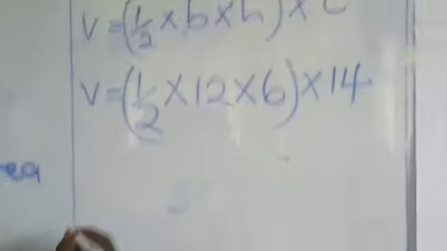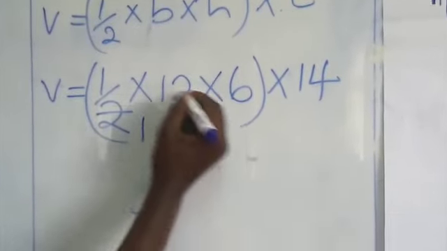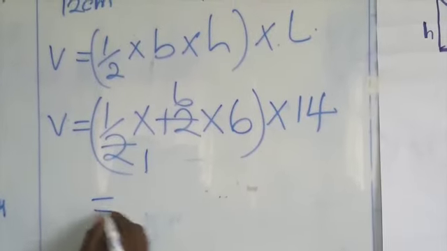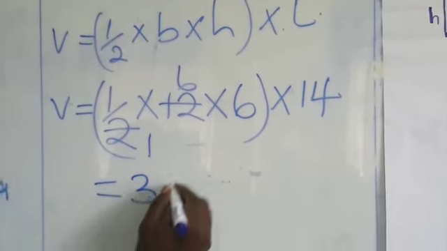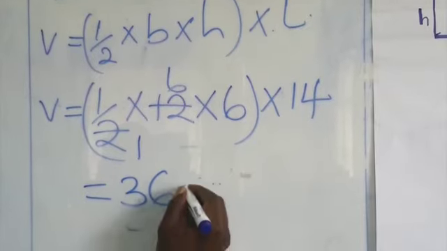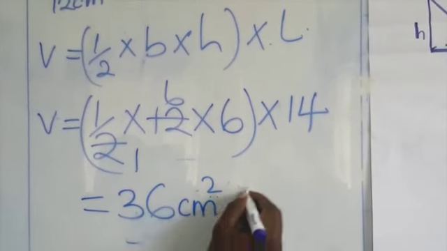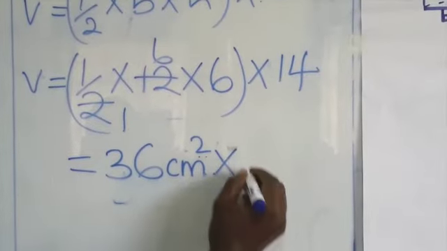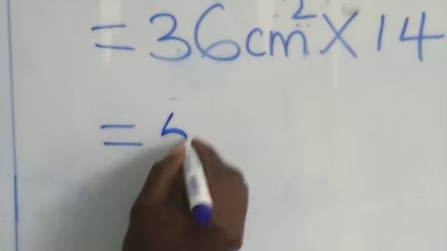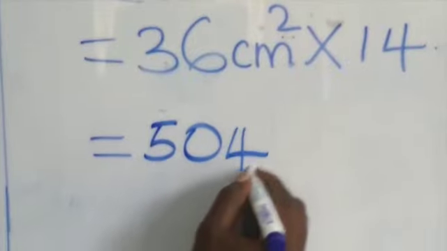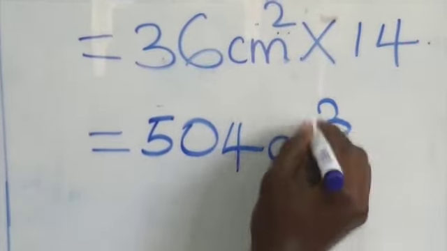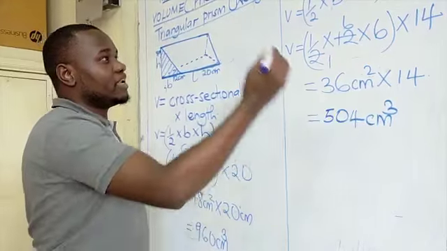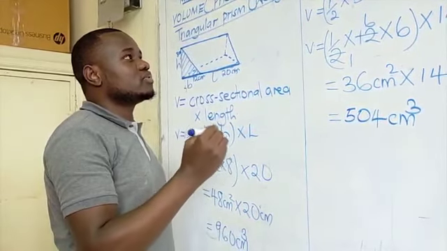We simplify by 2 here 1, by 2 here 6. So we multiply 6 times 6, it will give us 36 centimeters squared. That's the area of the triangle, multiplied by the length, which is 14. Our answer is 504 centimeters cubic.